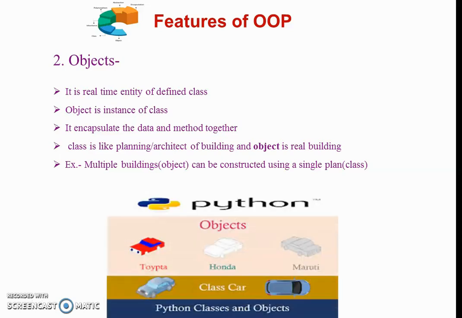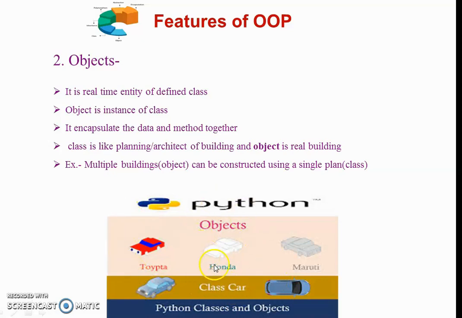So let's see how to create an object. Before that, we are going to see one daily life example of an object. For example, here is one class which is known as the car class. For this car class, cars like Toyota, Honda, Maruti are the different types of cars which are objects of the class car.